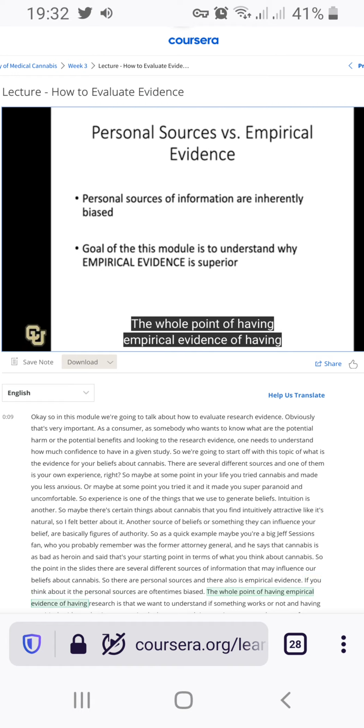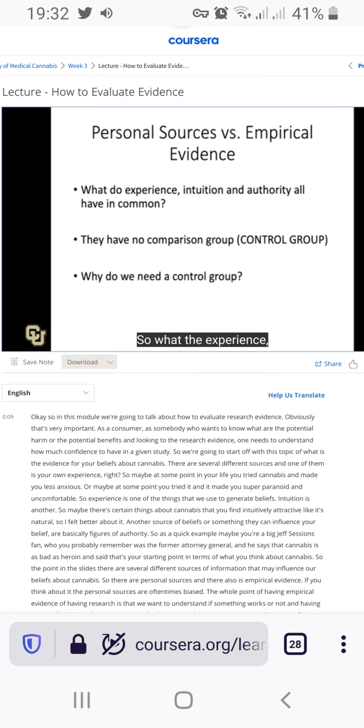The whole point of having empirical evidence, of having research, is that we want to understand if something works or not, and having empirical evidence, having appropriately done research is superior to personal sources of information in terms of getting it right.